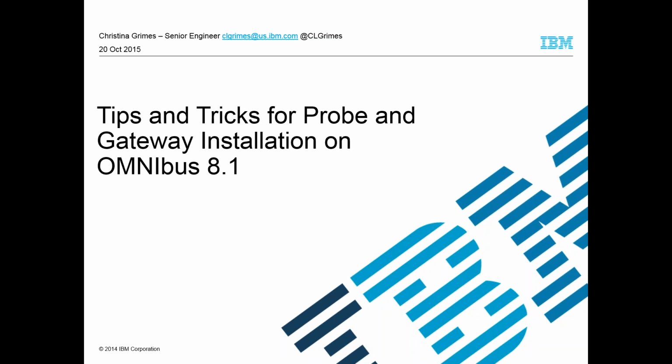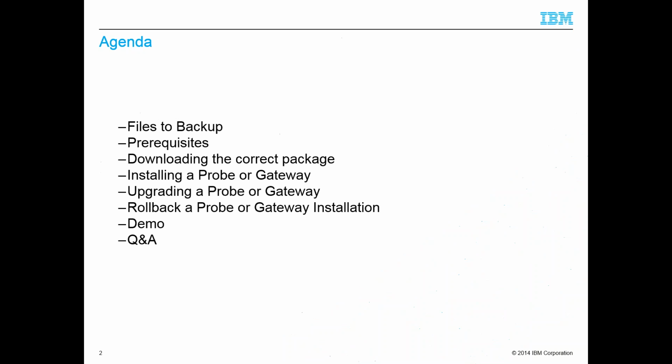Thank you, Sam. This is Christina Grimes. I'll be discussing tips and tricks for probe and gateway installation on Omnibus 8.1. Today I'll cover the files to back up prior to an installation on Omnibus 8.1. In 8.1 we moved to Installation Manager, so the files to back up are somewhat different.